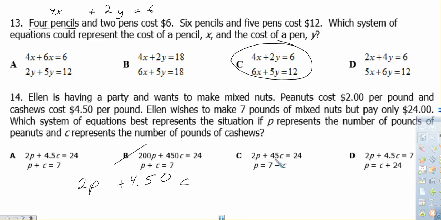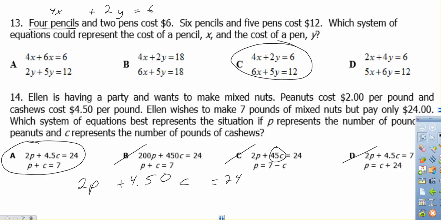And we have a problem here. There is no decimal on this one right here. There's no decimal, so C is out. And then that should be $24. So D is out. Okay, so equals $24. And then she wants to make 7 pounds. So that means C plus P, if you add them together, you get 7. So therefore, that is, in fact, A.